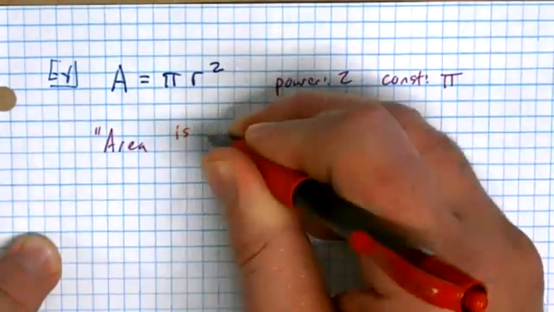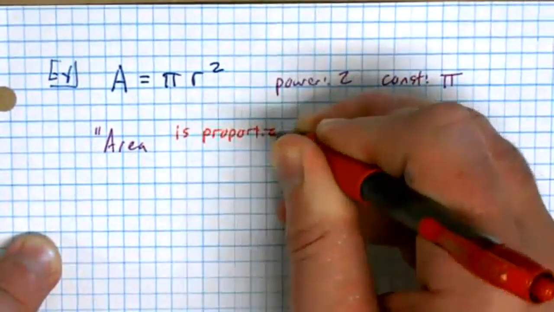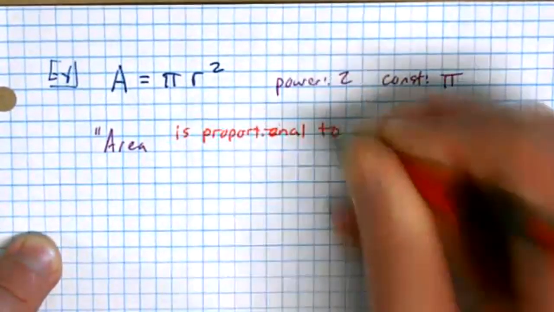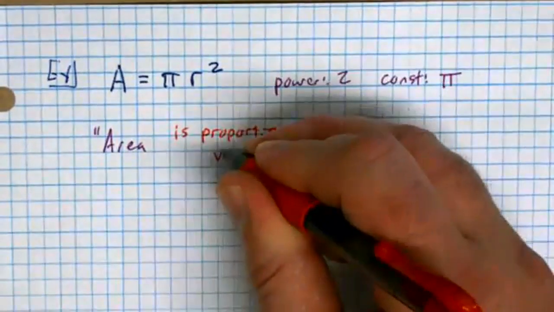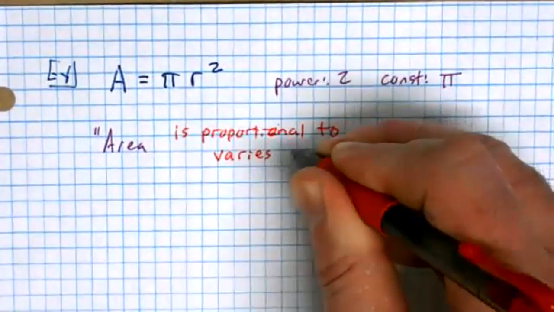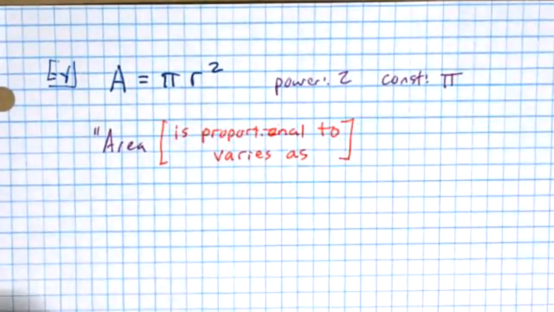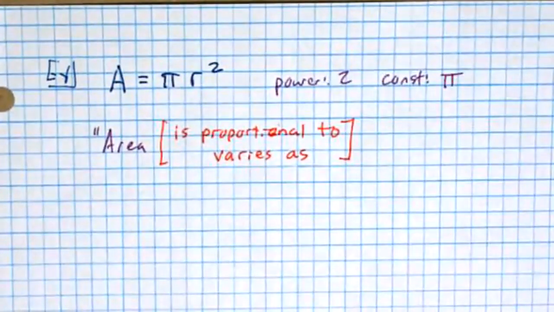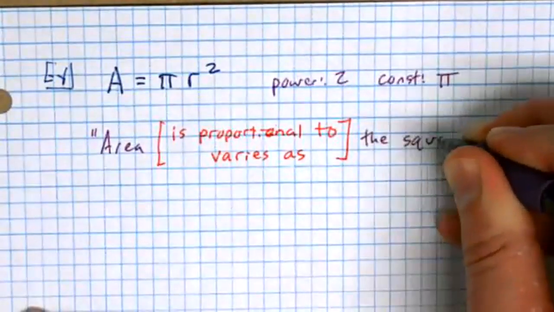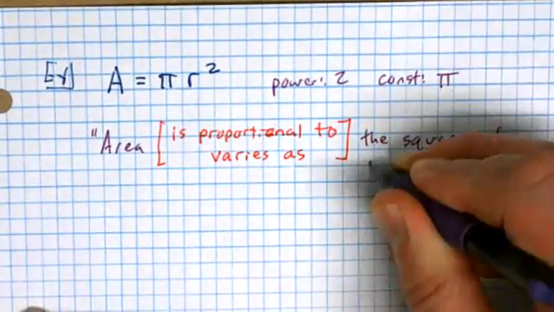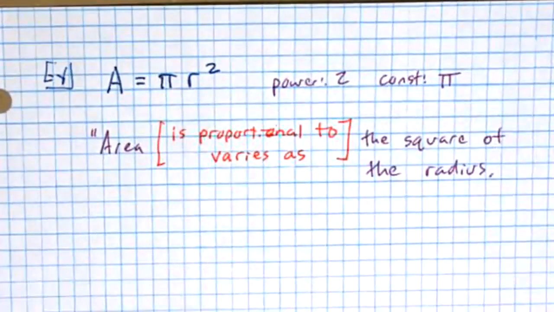Either is proportional to, or varies as, the square of the radius.